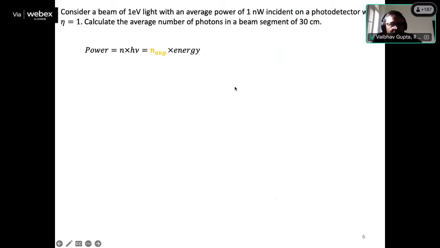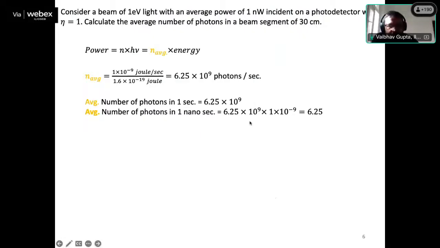So as you know, we know the power, we know the energy, so we can calculate N, and we know, okay, we have 6.25 times 10 to the power 9 photons per second. So in 1 second, if we have this much of photon, then in 1 nanosecond, you just multiply 10 to the power minus 9 both sides, and we now know that in 1 nanosecond, we have 6.25 photons.